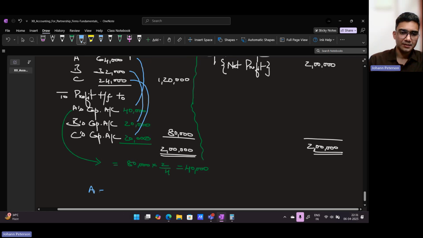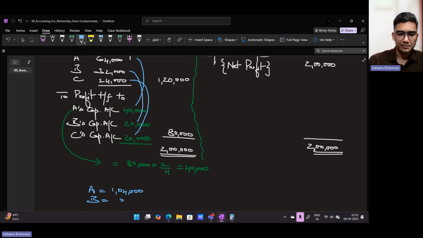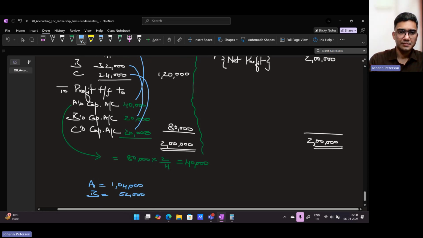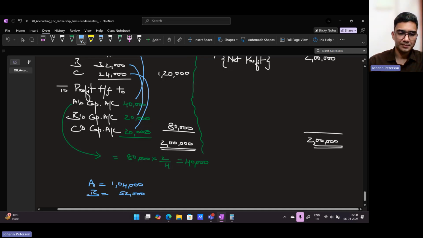A is getting 64 plus 40, which makes it 1,04,000. B is getting 32 plus 20, which makes it 52. And C is getting 24 plus 20, which makes it 44.